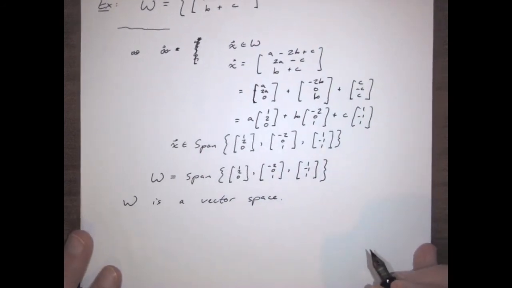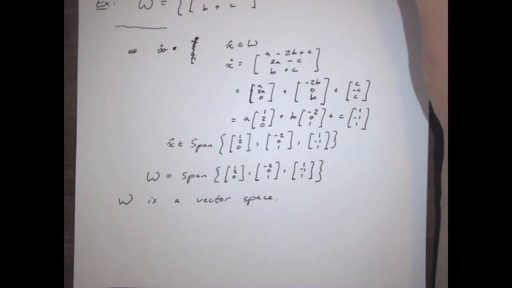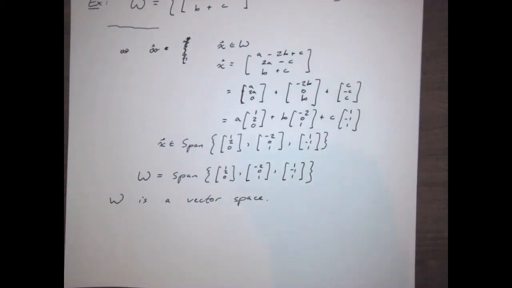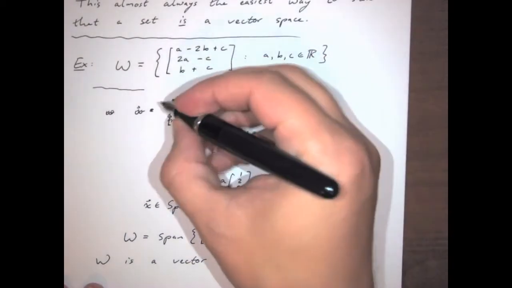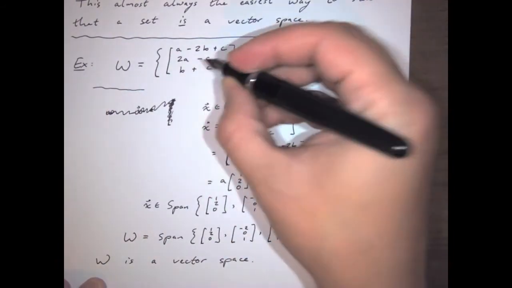All spans are vector spaces. When you start allowing all the arbitrary linear combinations of things, then by default, you end up having something that is closed under all of the appropriate properties. And if it is a subset of a known vector space, then you know that the multiplication and the addition behave properly.